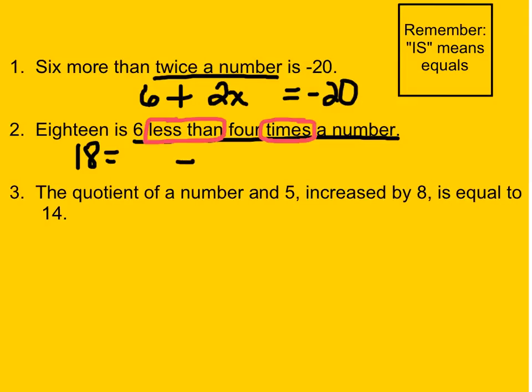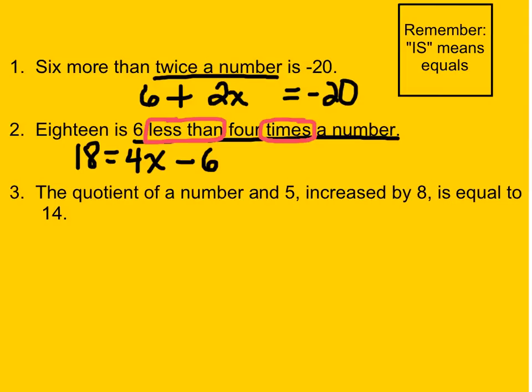So we do need to have a subtraction sign here. And then what are we subtracting? We want 6 less than 4 times a number. When we talked about less than before, remember that means you have to change the order around. So we're not doing 6 minus 4 times x. It's actually 4x minus 6.